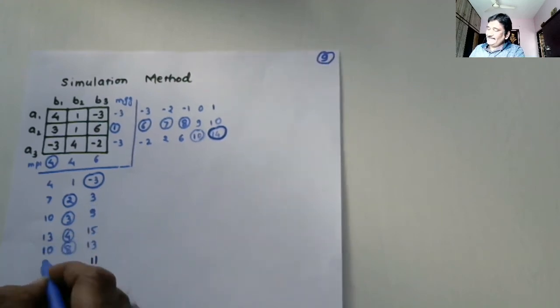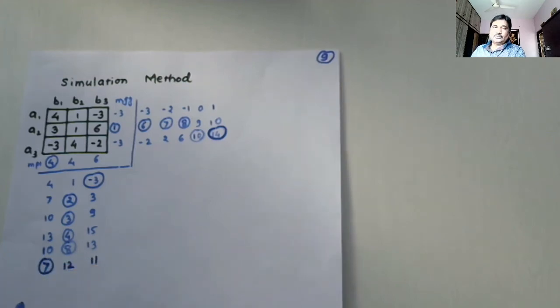All right, so 7 happens to be minimum now, and player B will be playing B1.